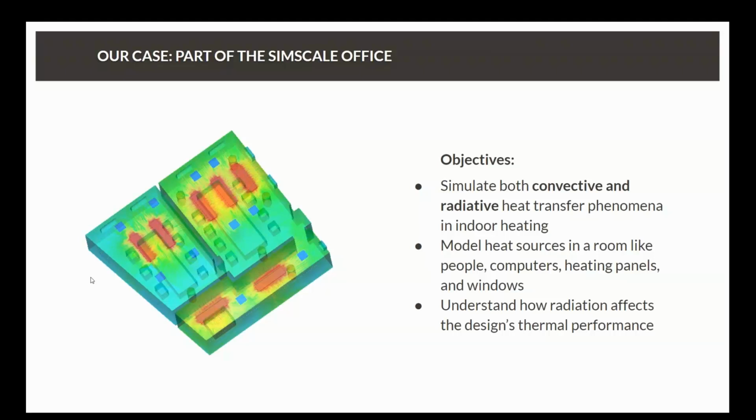What we want to know, and what our customers will basically test, is if I run with radiation, do the results change? Do I even need to have radiation enabled in this study, and will it make a difference? In this case, we'll find out that yes, it really does make a difference.